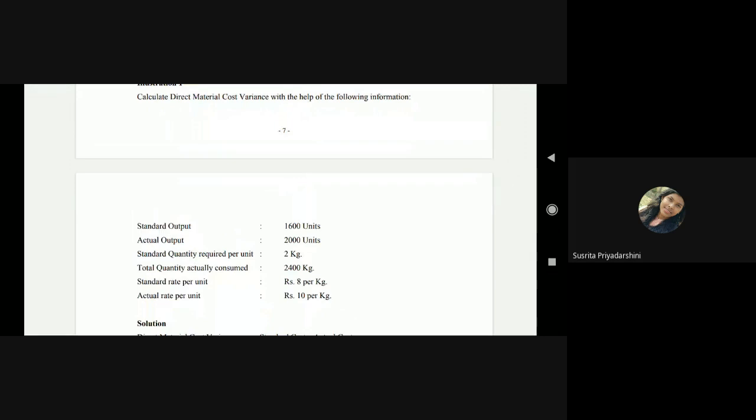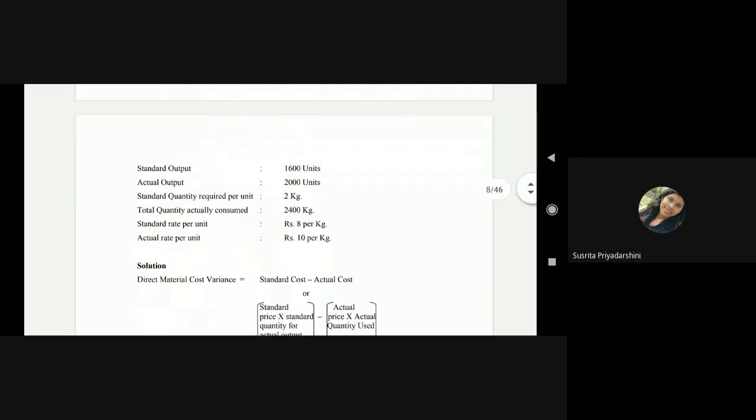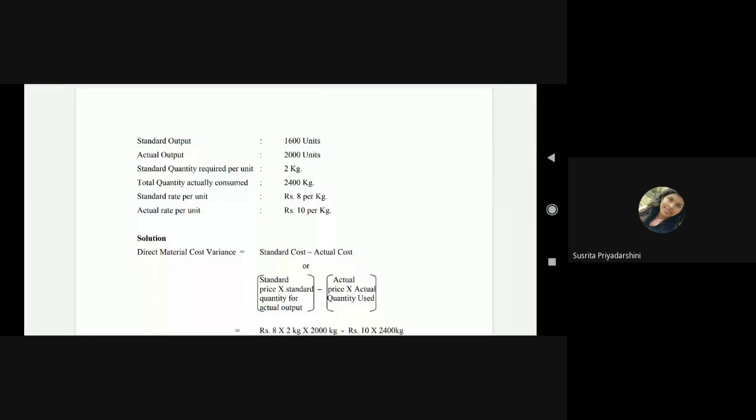So see, standard output is given as 1600 units, actual output is given as 2000 units. Standard quantity required per unit is 2 kg. Getting or not? So 2 kg is the standard quantity required per unit.